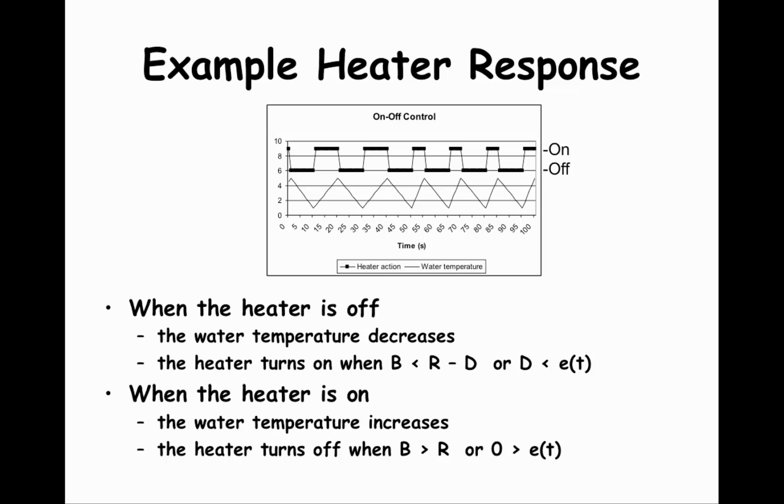Instead, it turns on when the water temperature is smaller than R minus D, where D is the deadband. When the heater is on, water temperature starts to increase. It will turn off once the water temperature becomes the required value.